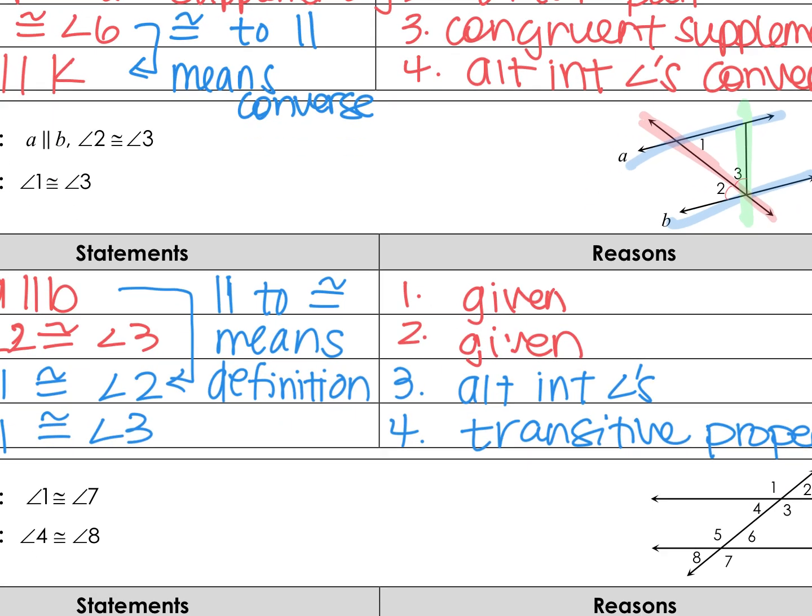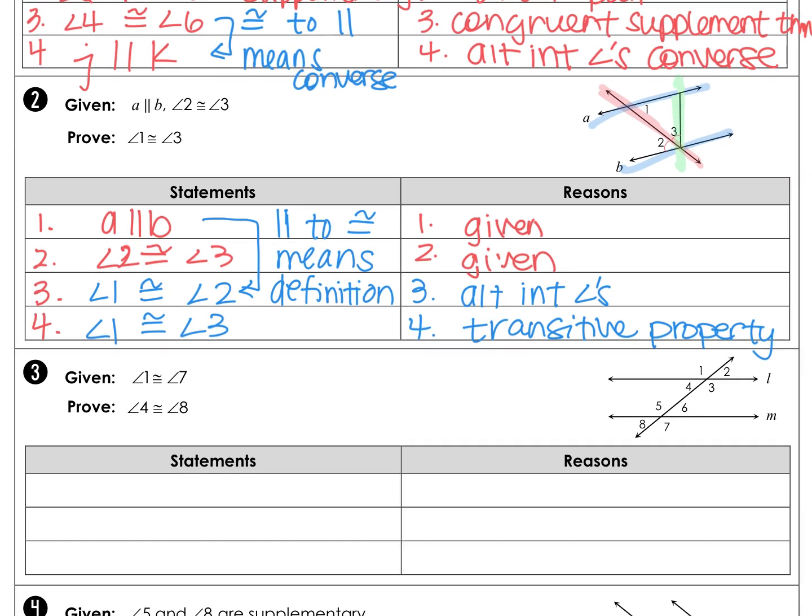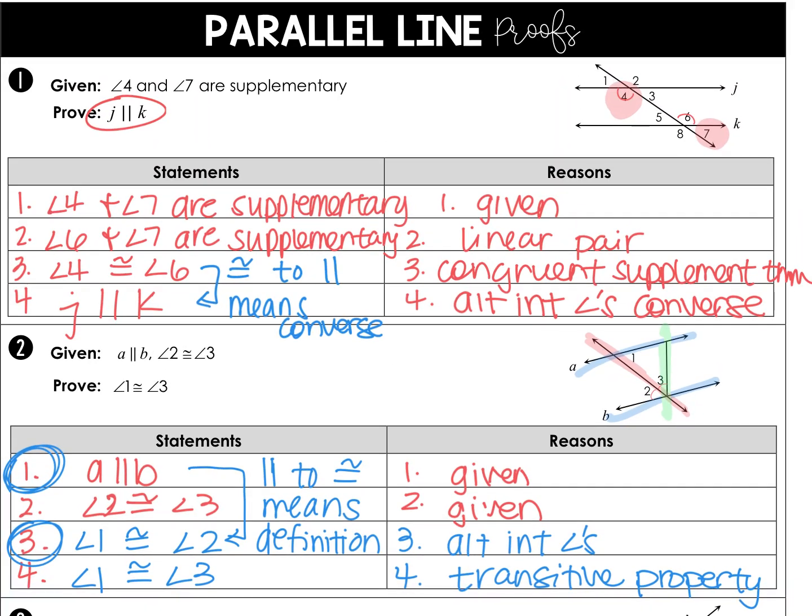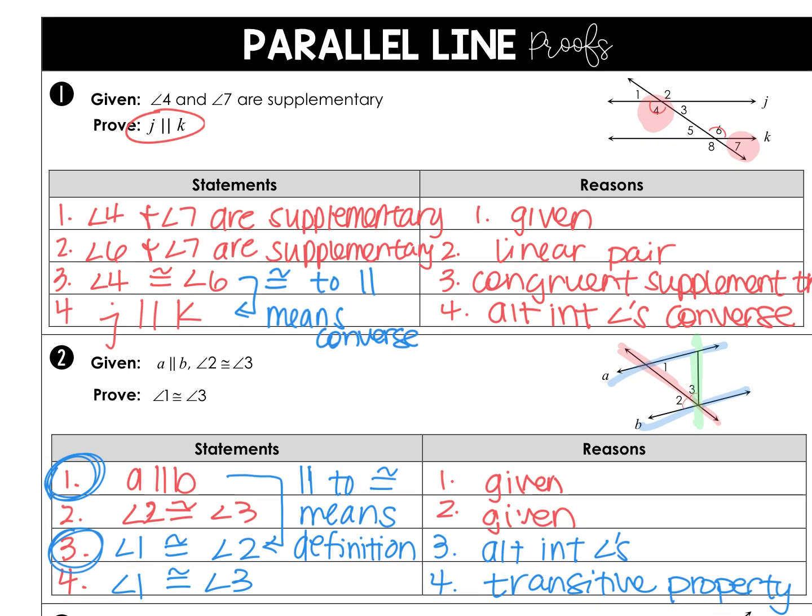So that is why the normal one in number 2 has if the lines are parallel, then the alternate interior angles are congruent. Does that make sense? The converse says if the alternate interior angles are congruent, then the lines are parallel. Or in this case, if the alternate interior angles are congruent, 4 and 6, then we can conclude the lines are parallel. That is why that one is the converse versus the regular. Yes?